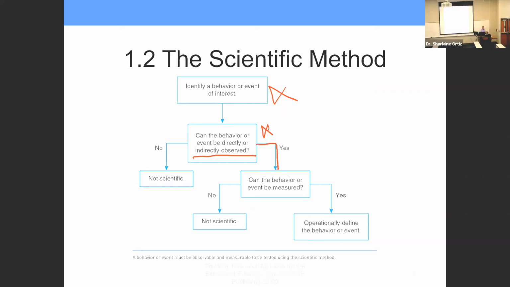Can I measure school anxiety? Well, we operationally defined it, right? We said that it's going to look like fear of the future, and fear is going to be defined as how many absences we will have in the fall semester of 2021. So we know that we have school anxiety. We know that it is indirectly observed.